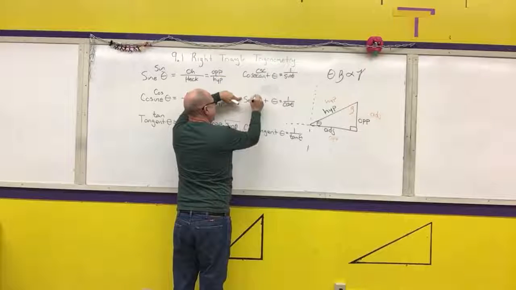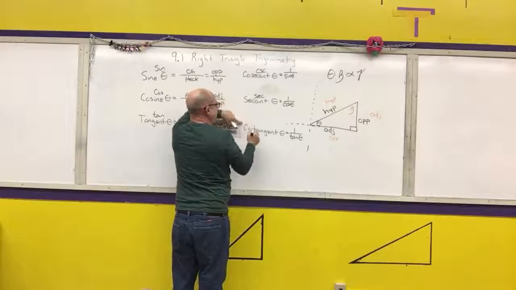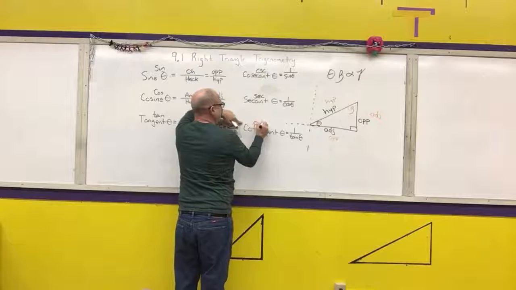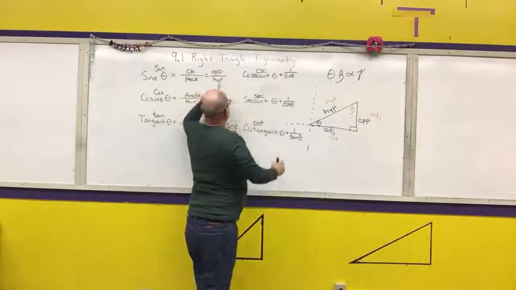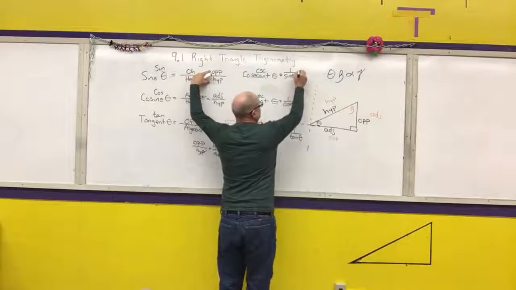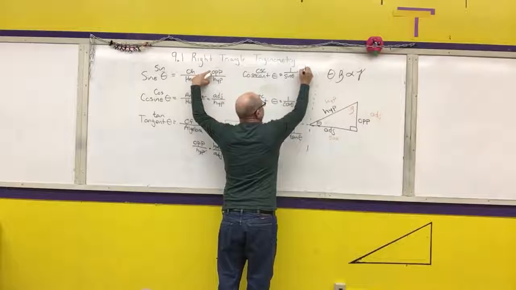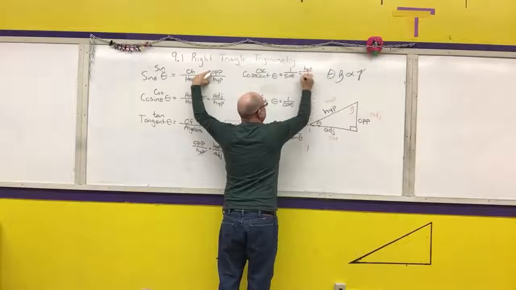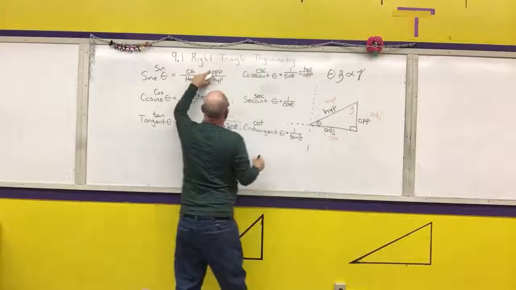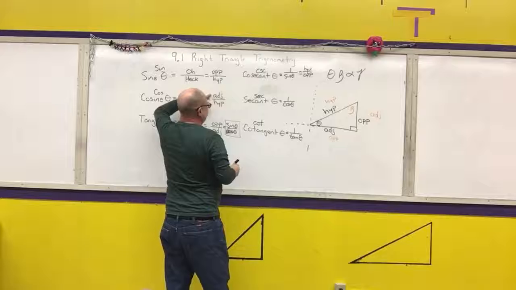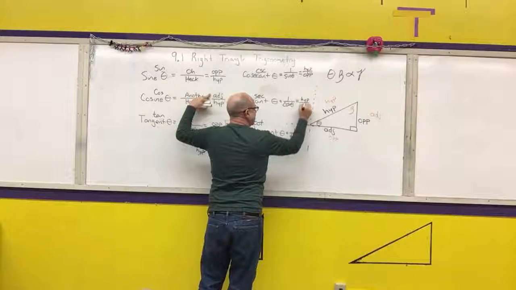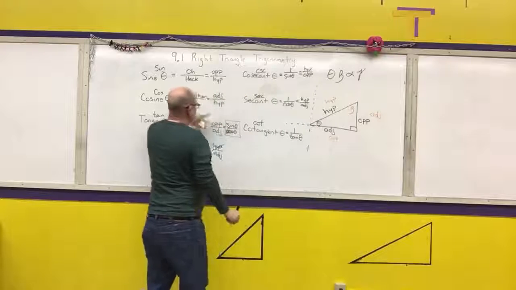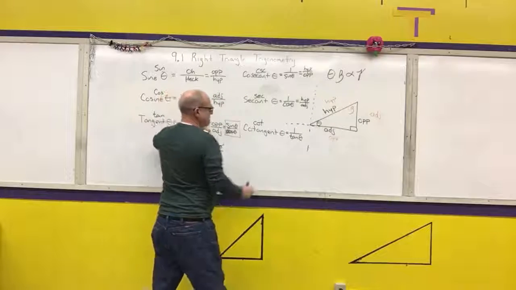Abbreviation for secant is SEC. And abbreviation for cotangent is COT. If I take the reciprocal of sine, that means to take this ratio and flip it over, and I get hypotenuse over opposite. 1 over cosine says hypotenuse over adjacent. And 1 over tangent is adjacent over opposite.